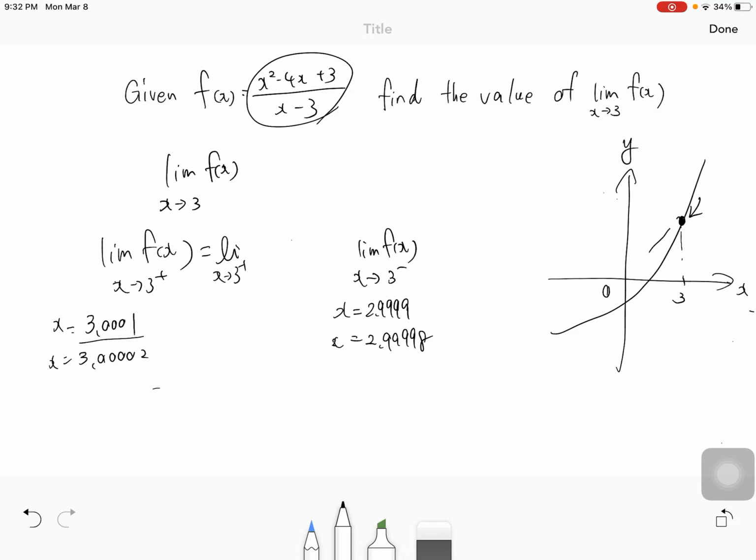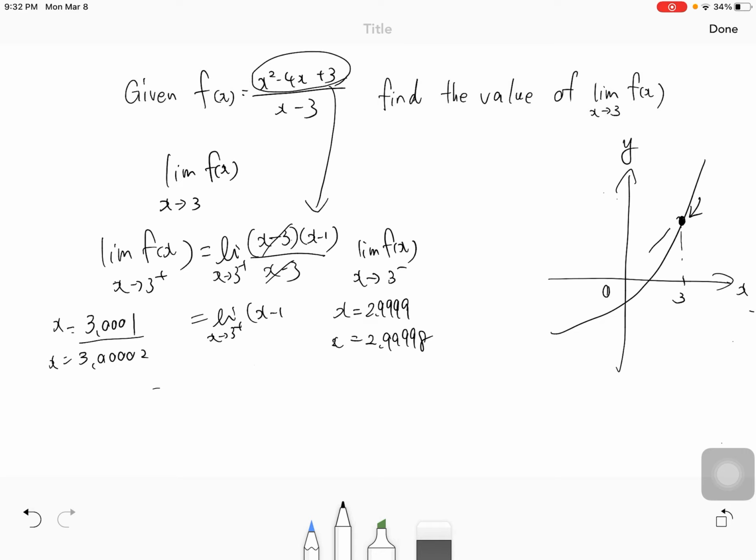So first of all, actually you can divide this polynomial. It's because you can factor the numerator. It's going to be (x minus 3) times (x minus 1), over x minus 3, as I factored the denominator. Then you can cancel out x minus 3.